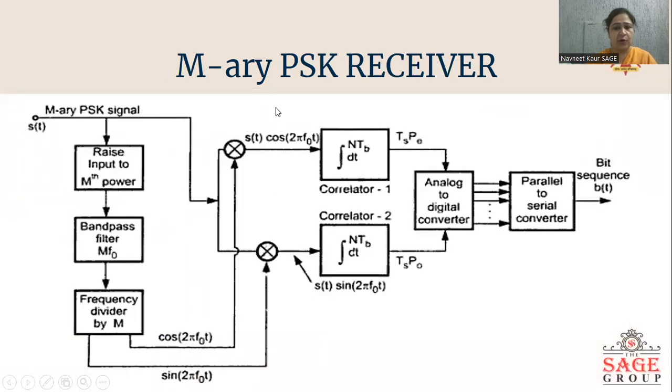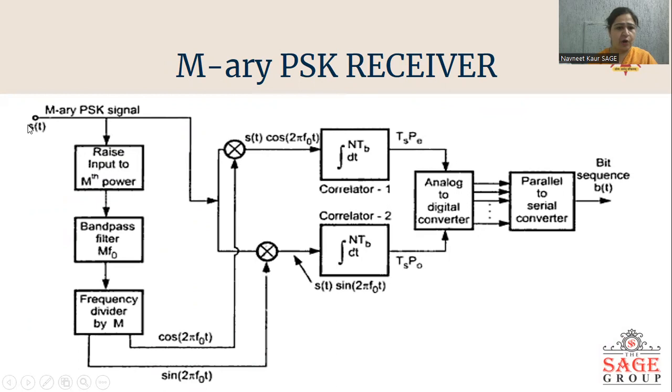Now, this is the block diagram for the M-ary PSK receiver. Here, the demodulation method used is the synchronous demodulation method. In this method, the synchronous carrier signal which is used at the transmitter is generated again at the receiver. For generating the synchronous carrier, we use the carrier recovery circuit, which is made up of 3 blocks.